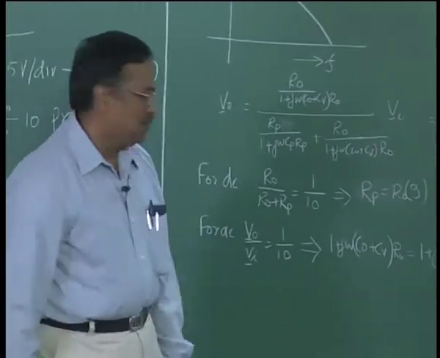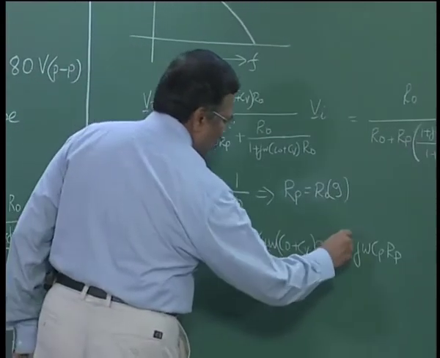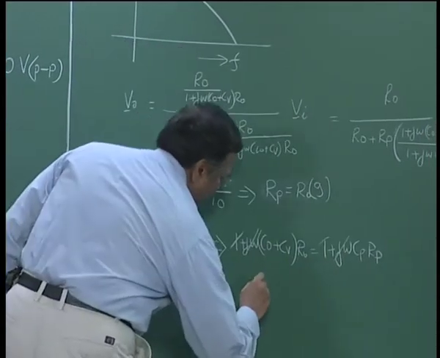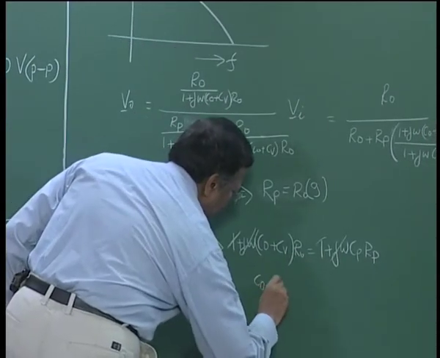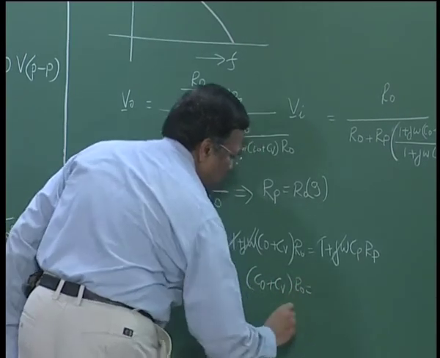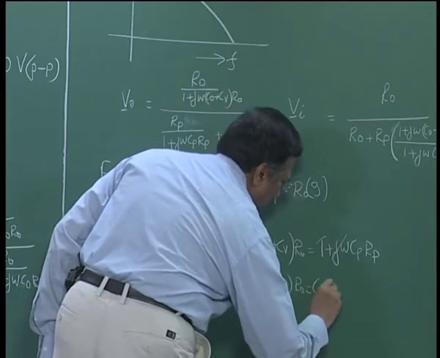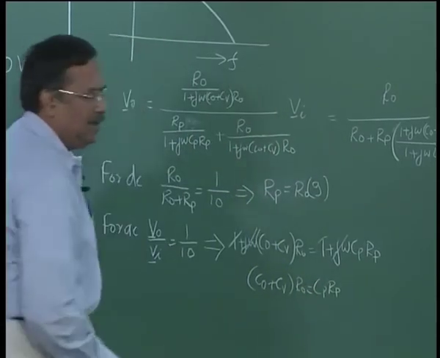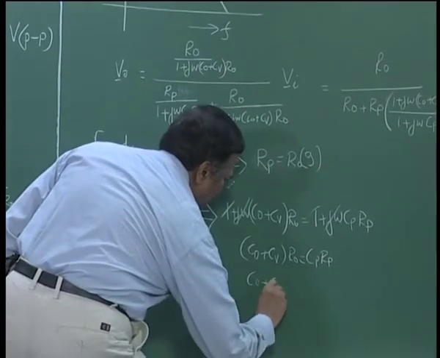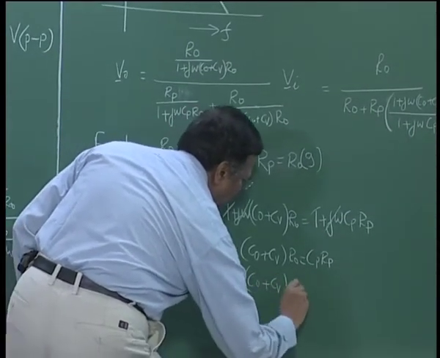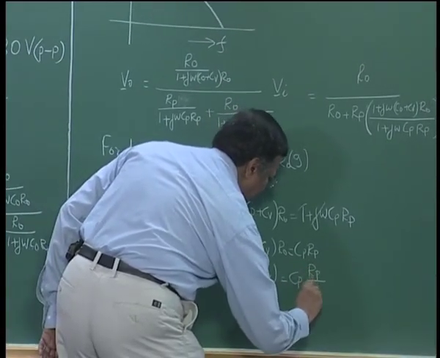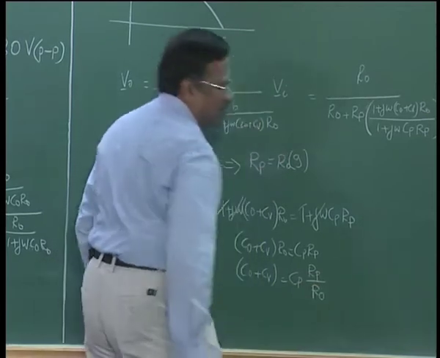Now I can cancel the 1s on both sides, and j omega I can cancel. So, I have C naught plus Cv into R naught is equal to Cp Rp, or C naught plus Cv is equal to Cp into Rp by R naught, right.